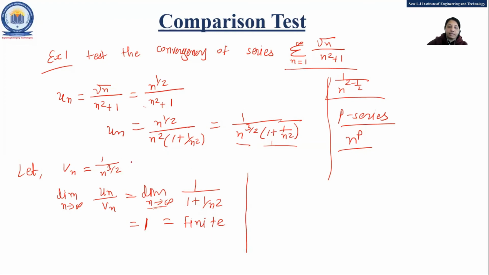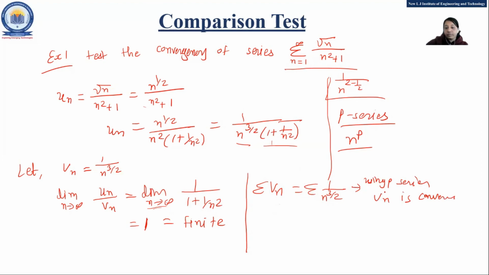Now for vn, we can write summation vn equal to summation 1 upon n raised to something. First we use the P series. Using the P series, we can say that vn is convergent.